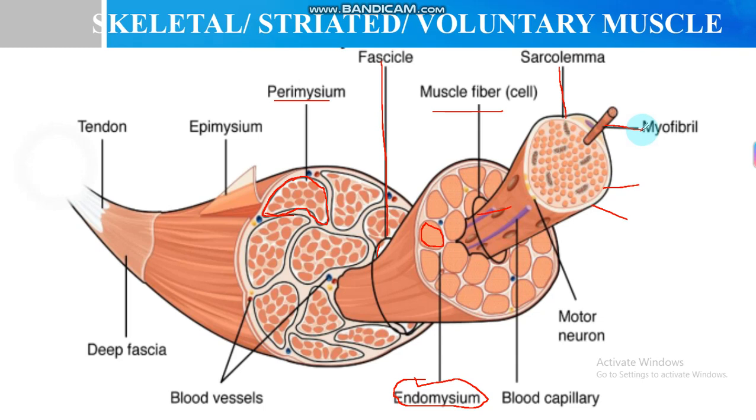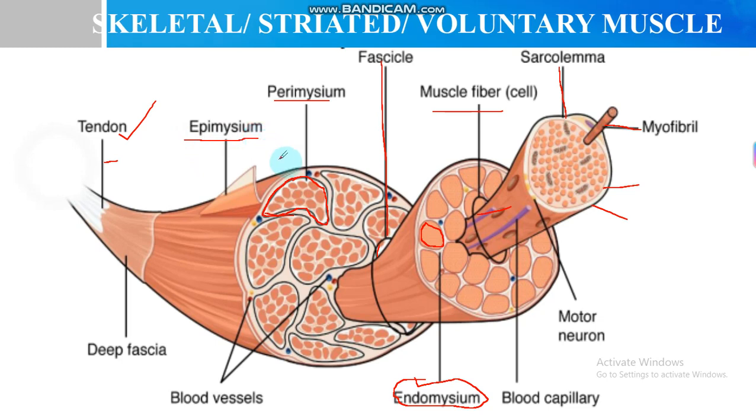So if we can recap, a skeletal muscle is attached to bones by tendon. The tendon is continuous on one end with the outer covering of the skeletal muscle, which is called the epimysium.